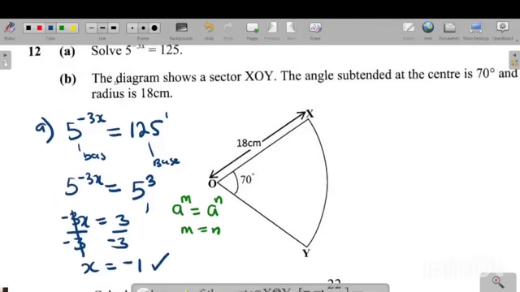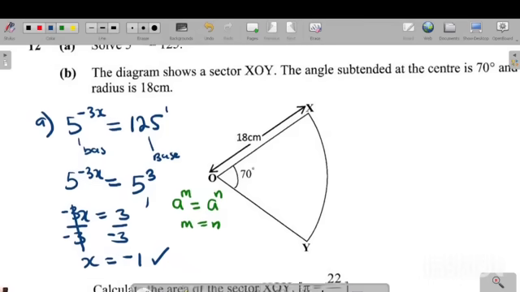All right, part B says the diagram shows a sector XOY. The angle subtended at the center is 70 degrees and the radius is 18.